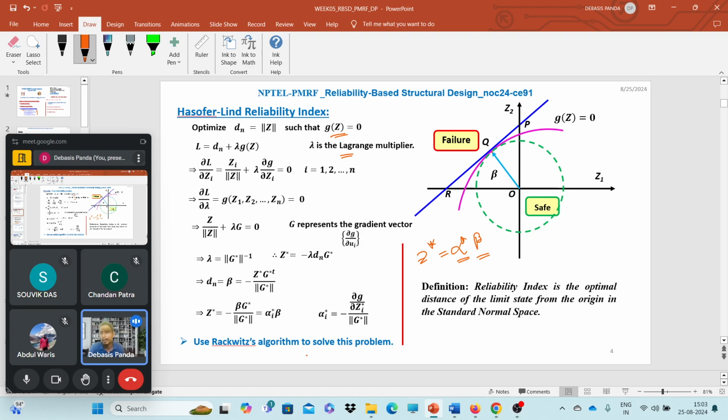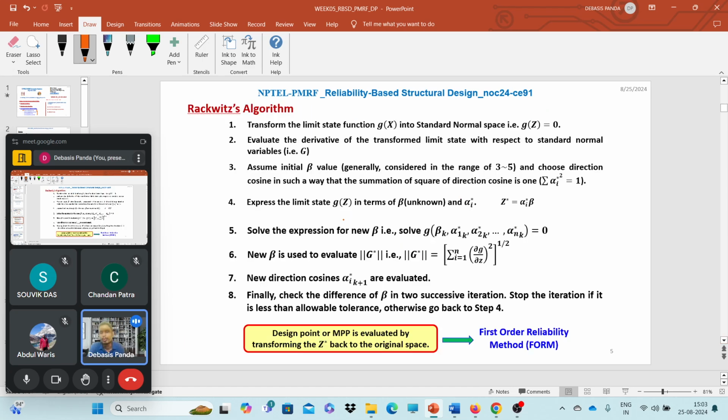We have already seen how the Rackwitz algorithm works, but let's go through it quickly. In step one, we need to transform our limit state into standard normal space. We can easily do that: to convert x1 into z space, we subtract the mean of x1 from x1 and divide by the standard deviation of x1, and we get the random variable in standard normal space.